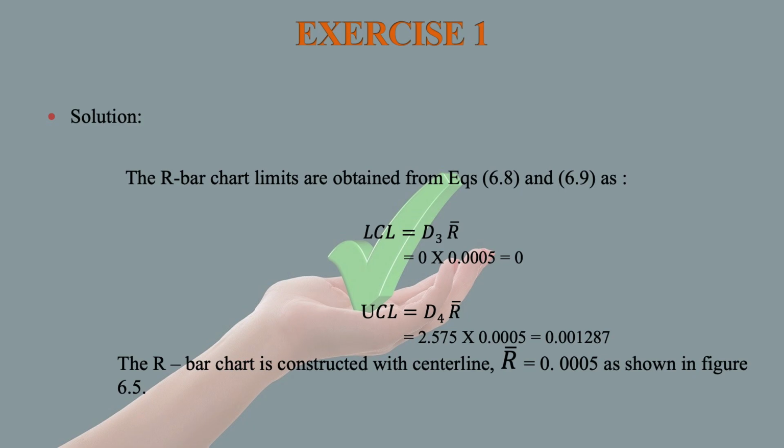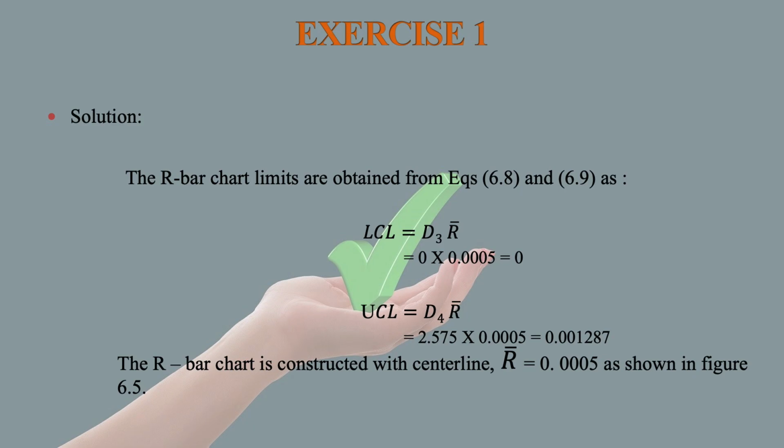Here LCL, that is lower control limit, is defined as D3 R bar. R bar has already been calculated, but the value of D3 from the statistical table is equal to 0. So LCL is equal to 0 and UCL is equal to D4 R bar.